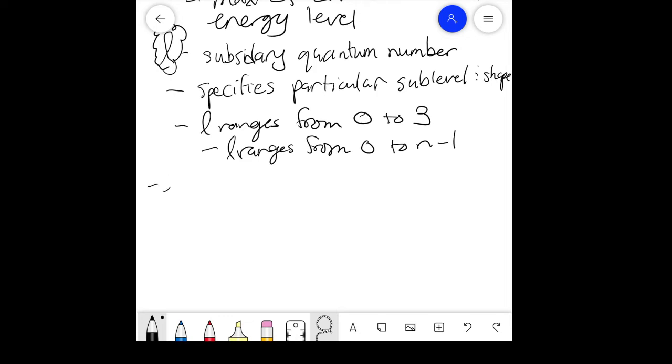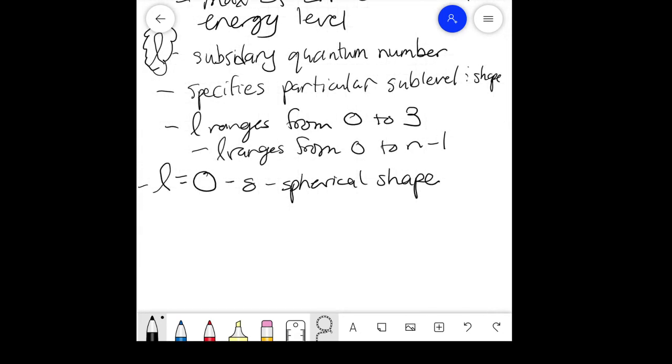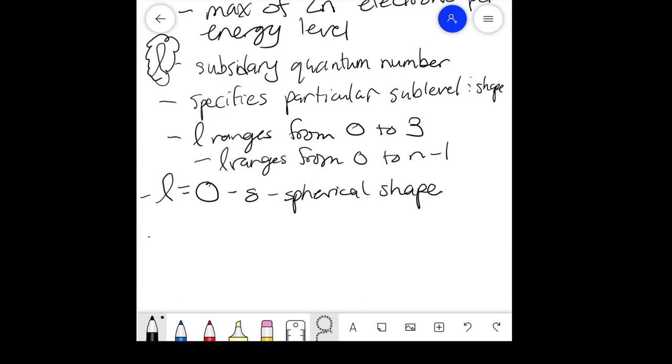To start, we have L equals 0, which is also the s sublevel, which has a spherical shape. For every L number, there's a max electron amount of 2 times (2L plus 1).